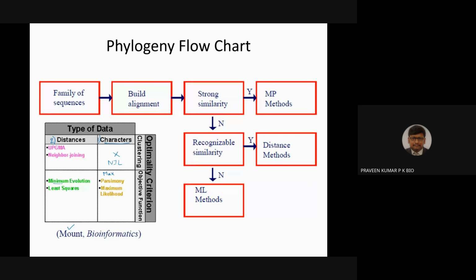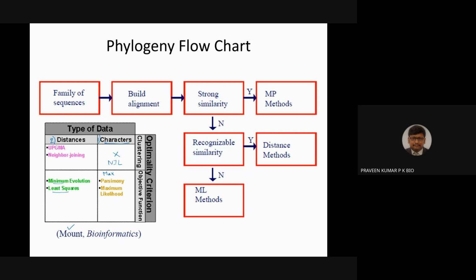Using the functions, one can construct a phylogenetic tree using minimum evolution and least squares. I think you already know about least squares from numerical methods, isn't it? We use functions for calculations. But here in UPGMA and neighbor joining, it's not like that; you cluster the data. We cluster the data for construction of trees by a stepwise method, which is not followed in character-based methods.